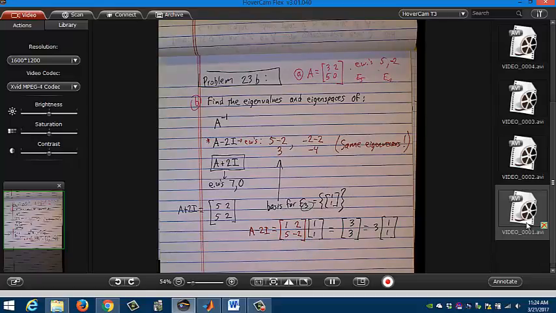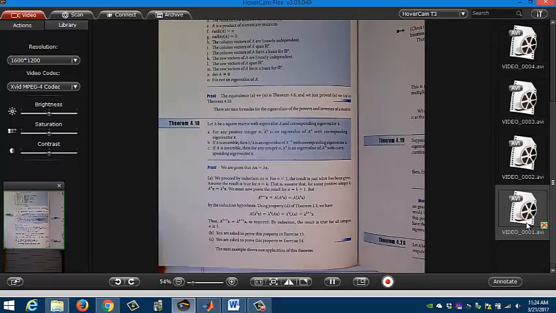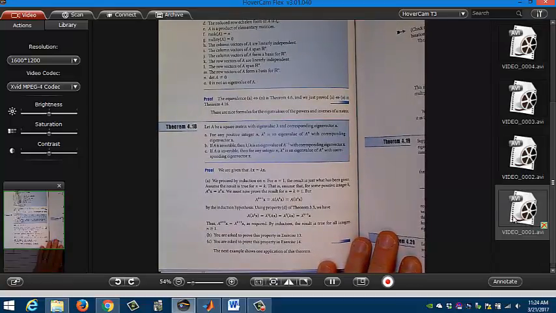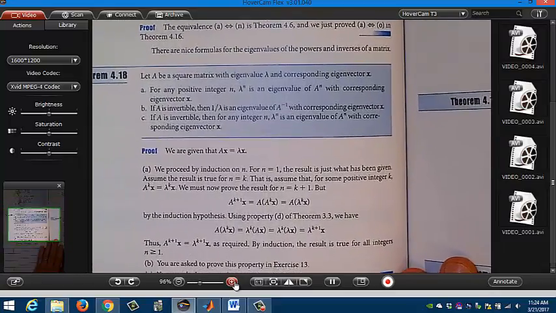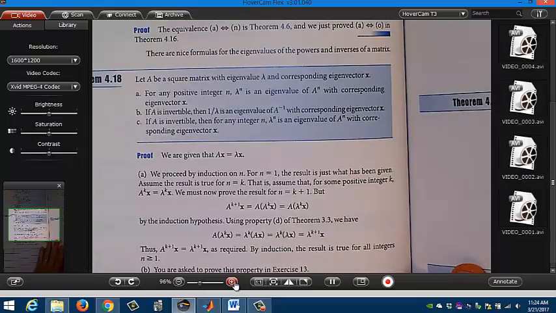418. Here's the theorem. Do you guys see what we need? Which part of the theorem do we need? Let's zoom in. We need part B, right?